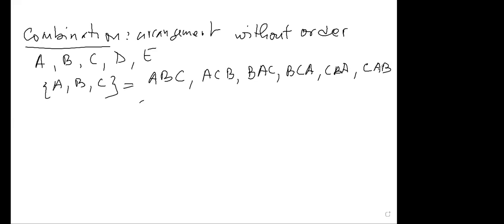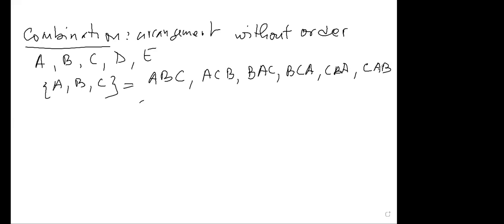So each single combination can express as many permutations as the number of objects factorial. That is, this is 3 factorial. I can arrange a group of objects in order in number of objects factorial ways.